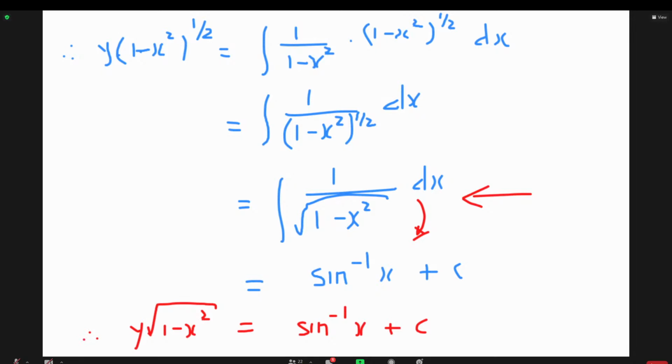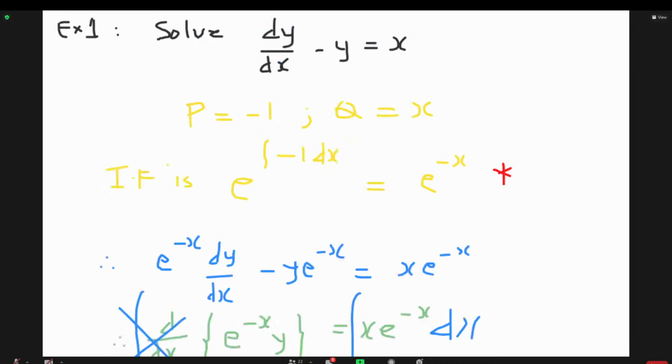All right, let's do the last one, and then we take a little break. Okay, this is going to be along the same lines, so you can follow the same steps.